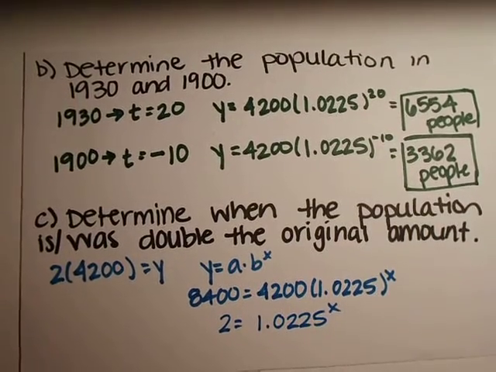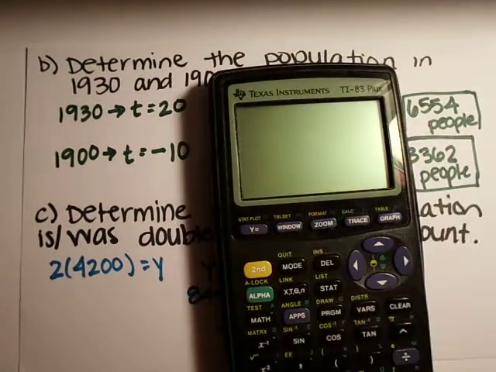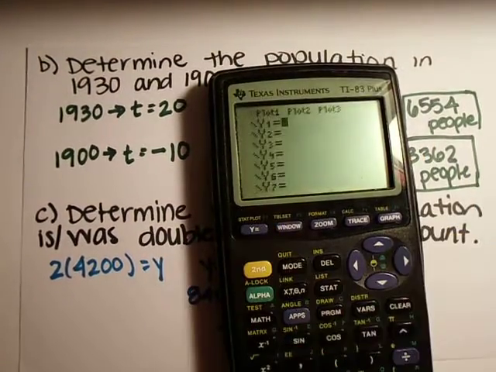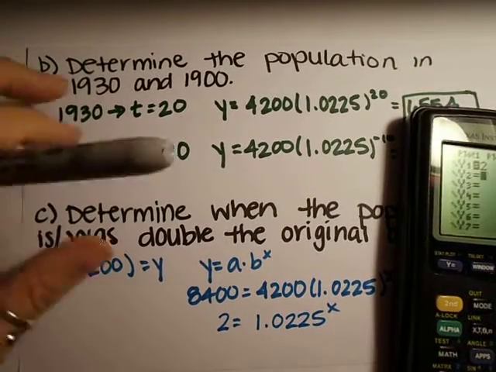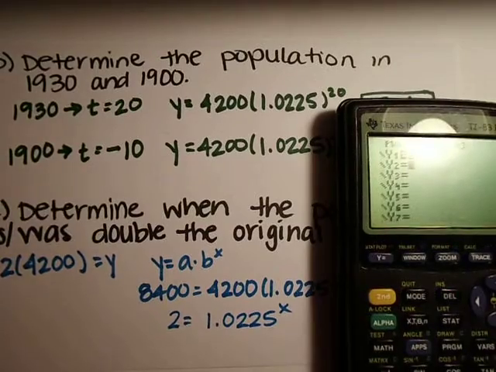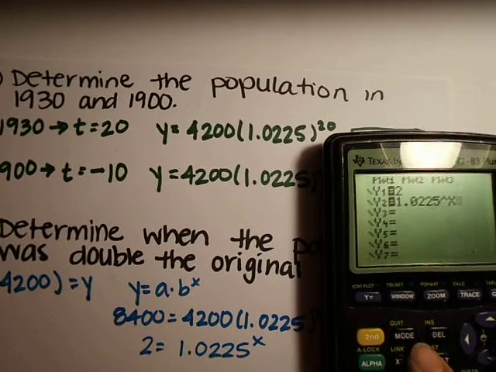Until we learn how to use logarithms, we're just going to find the intersection on our calculator. So here we can go to y equals, plug in 2 for the left side, and plug in 1.0225 raised to the x power for the other part. We want to figure out where these cross.